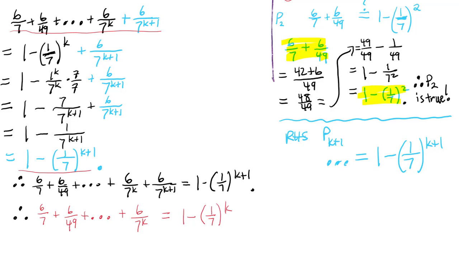And the biggest difference now is that we want to emphasize for all positive integers k. And there we go. That ends the proof.